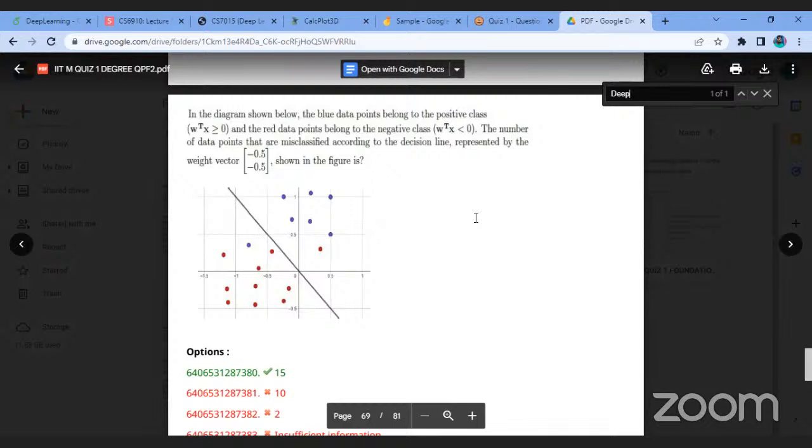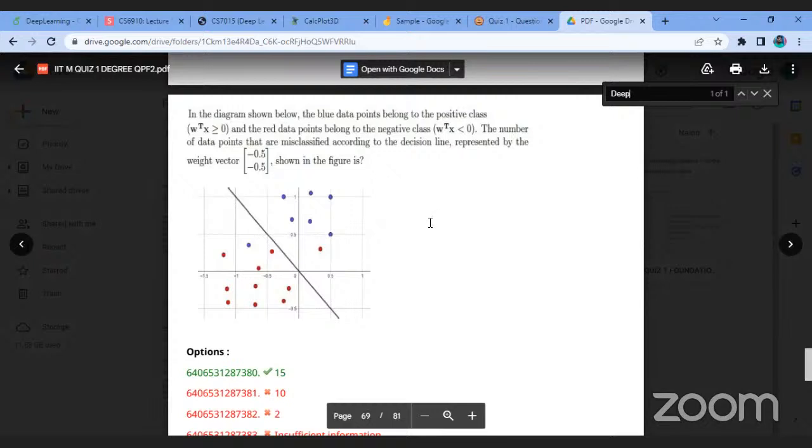That's the way I would think in the exam. So whenever I take W transpose X, I am going to get a negative value, because minus 0.5 multiplied with any positive, and then adding minus 0.5 times any positive, gives negative. That means the red point, which is given as a red point, is correctly classified as negative.